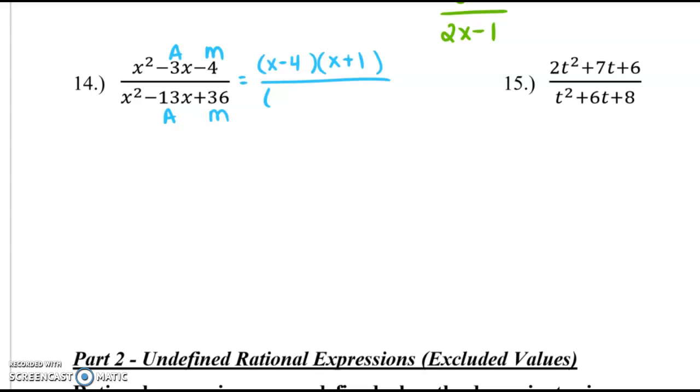So I need two numbers that are going to multiply to 36 and add to a negative 13. So x minus, no, that's not it. x minus 9, x minus 4. And then I can cancel the x minus 4s from the top and the bottom, and I'm left with x plus 1 over x minus 9.